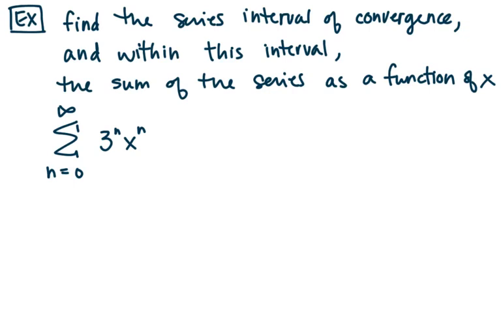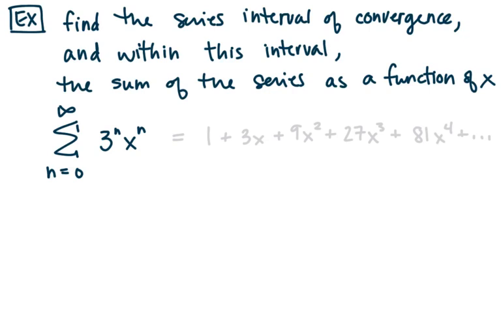We'll start this problem by looking at what our terms are and trying to get a gauge for what this series does. If I start listing out my terms, I end up with 1 plus 3x plus 9x squared plus 27x cubed plus 81x to the 4th, going on and on.